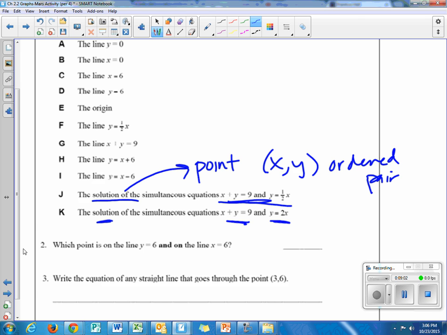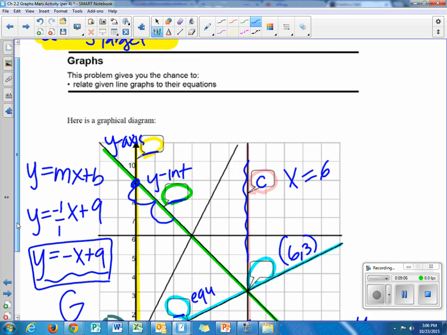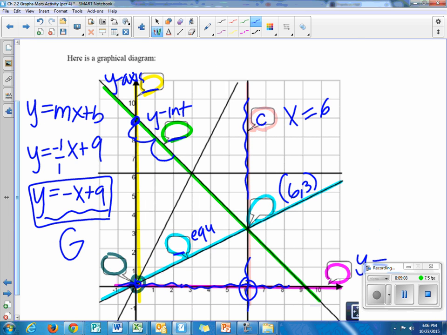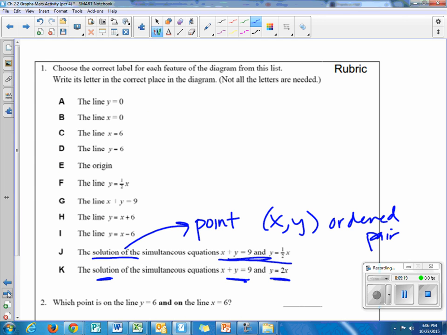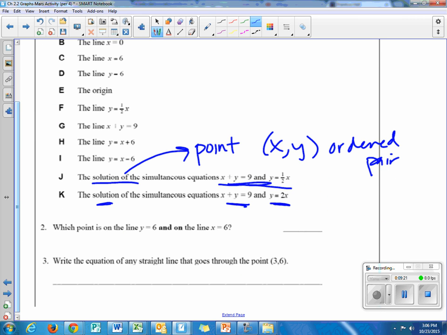So figure out which point that is. And if you go back to here, notice that there's a point right here. There's a point right here. Okay, so take a look at where you can make the connections. Please make sure you think deeply about what I just said, and please fill out also, don't forget 2 and 3, okay? So make sure you understand.